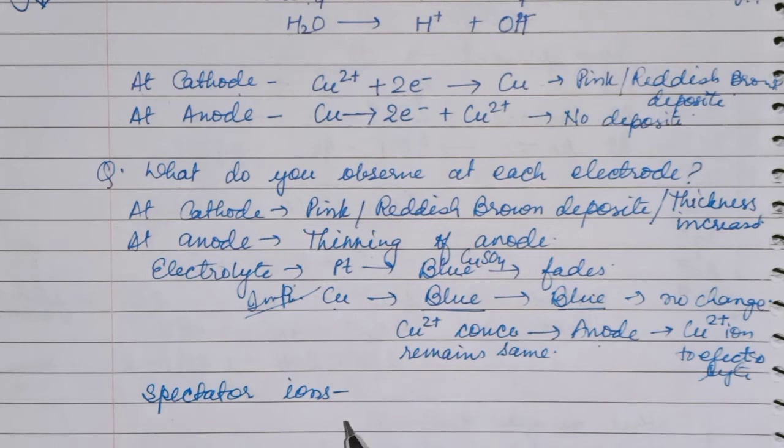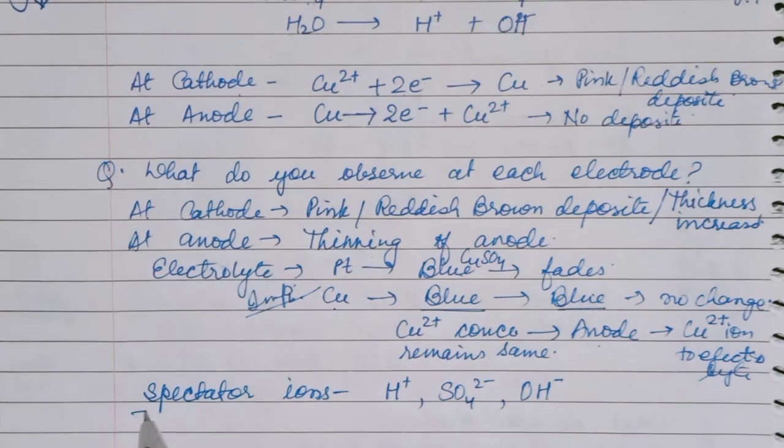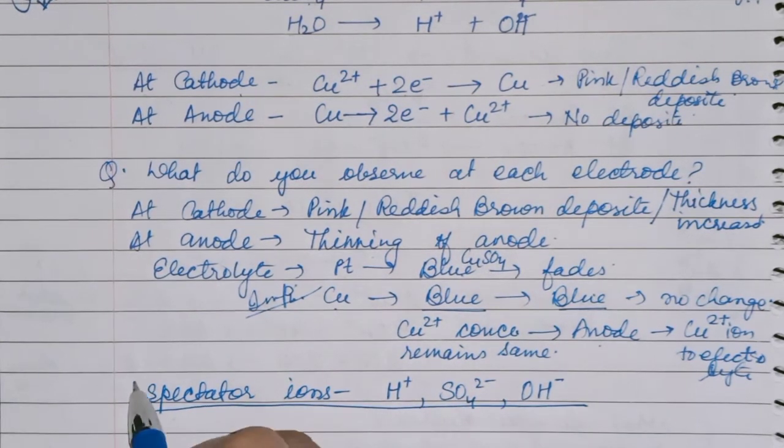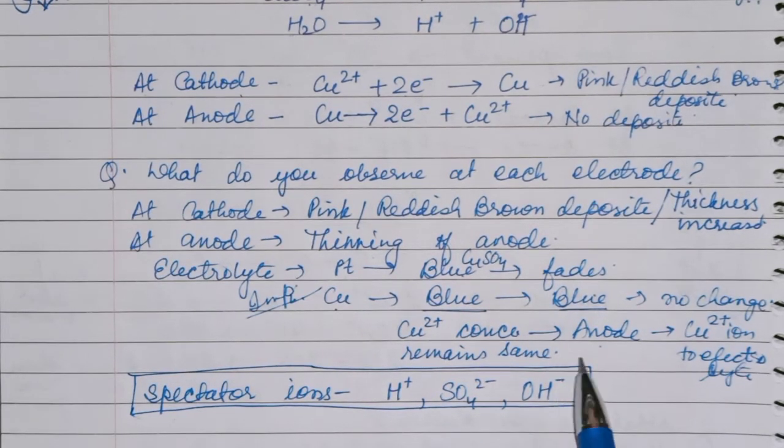Cu2+ from the electrolyte is taking part in the reaction, and what remains? H+, SO4 2-, and OH- ions. These ions are called spectator ions because they are not taking part in the electrolytic reaction. They remain in the solution, but they do not take part in the reaction.